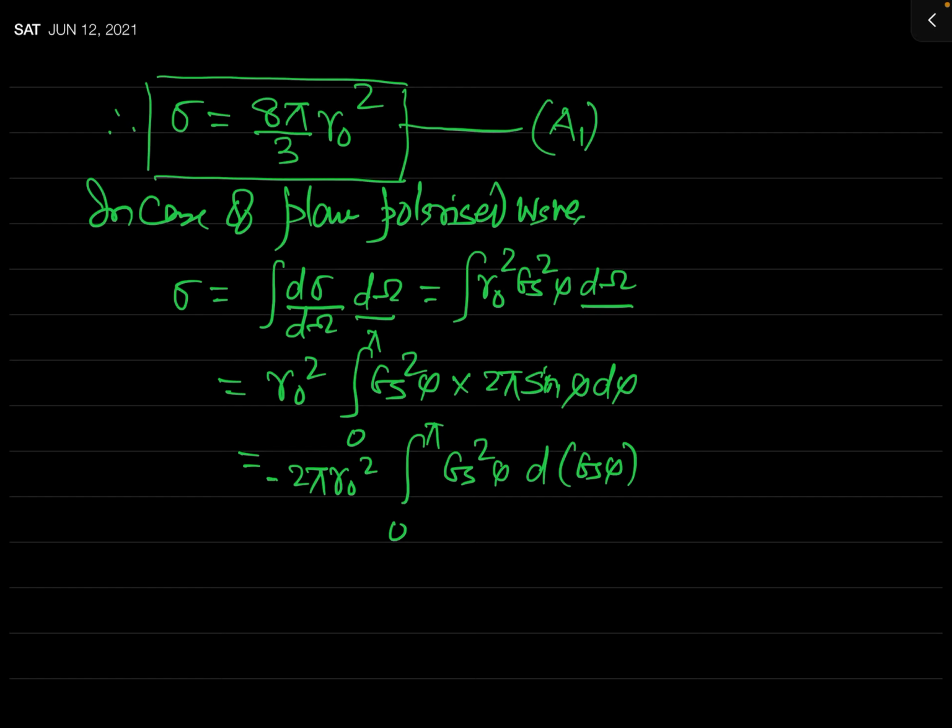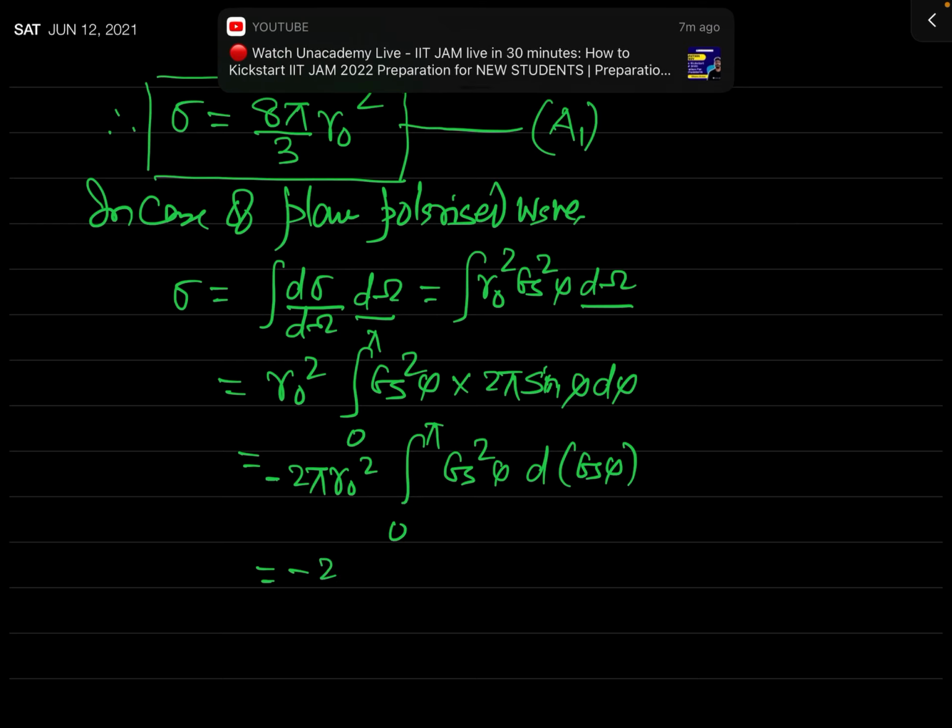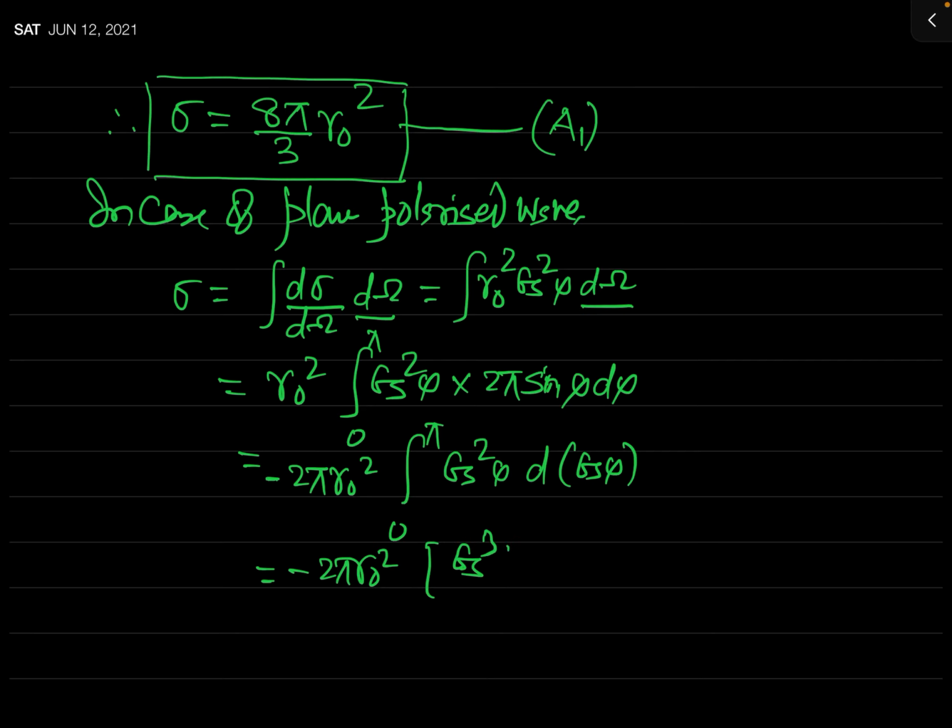So to remove the minus sign we must put a minus here, and so this will be minus 2π r₀² times cos³ φ over 3, and limits will be 0 to π. Now put the limit, and after putting the limit you will simply see that this is 4π/3 r₀².